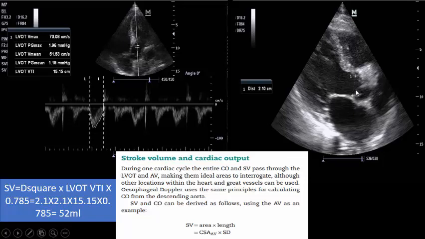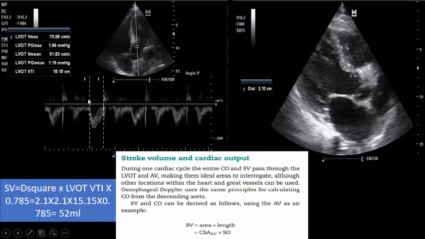You will measure the left ventricular outflow tract diameter, and you will measure the LVOT VTI, velocity time integral, the blood flow in the left ventricular outflow tract. You will put the pulsed wave Doppler sample volume half a centimeter above the aortic valve to see the closing click, to be sure you are in the proper place. You are not in the aortic valve, you are in the tract.